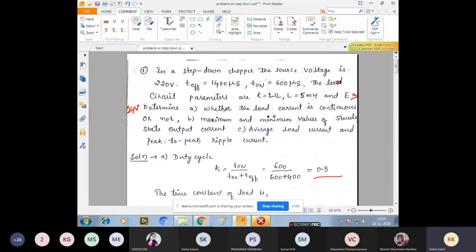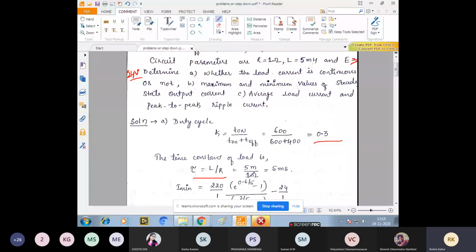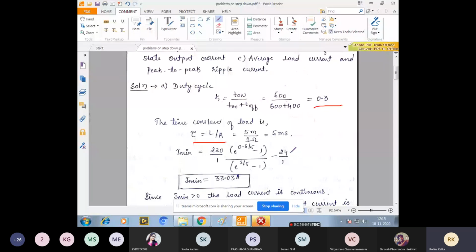What is this 24? It is your E. We have R, L and then E. So this will be minus E divided by R. Once I calculate this value, it is equal to 33.03.